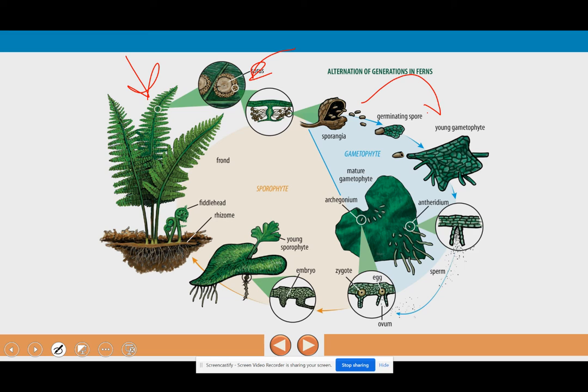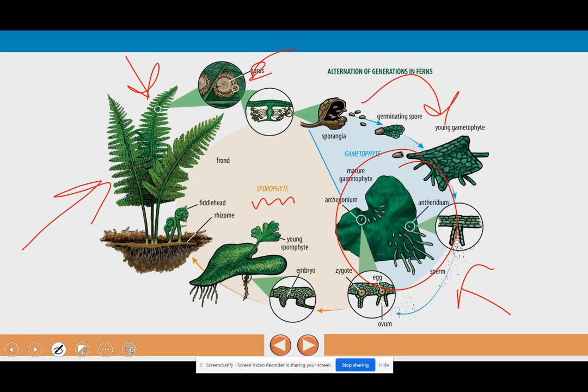Those spores will be released, and they're going to grow into this structure, which is the prothallus, and it is heart-shaped. It's kind of cute. But of course, when you think of a fern, you're not thinking of this little guy, because that little prothallus is pretty small, flat, and just lays on the ground. Usually when we think of a fern, we're thinking of that guy right there. And that's why we say that the fern is mostly seen in the sporophyte stage.